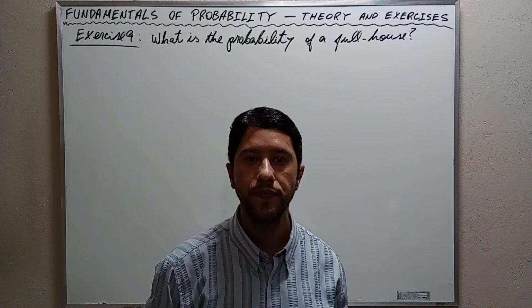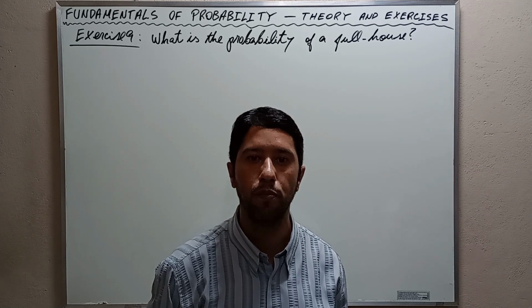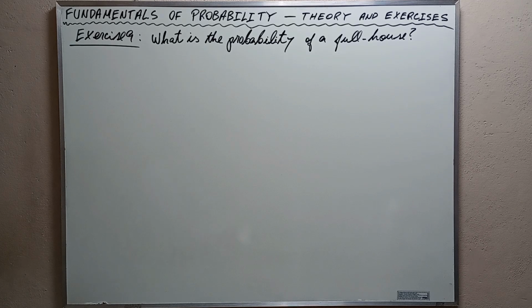Exercise number 9. Let's calculate the probability of a full house in poker. A 5-card poker hand is said to be a full house if it consists of 3 cards of the same denomination, varying only the suit, and 2 other cards of the same denomination, varying only the suit.